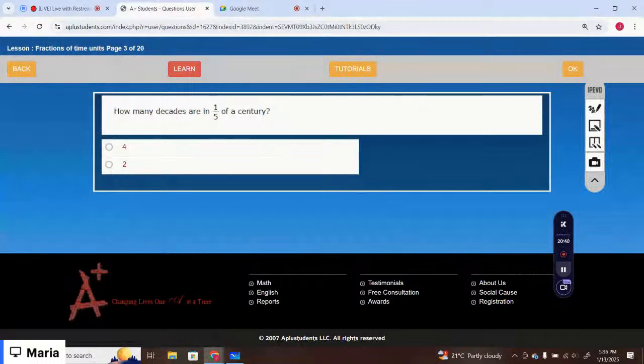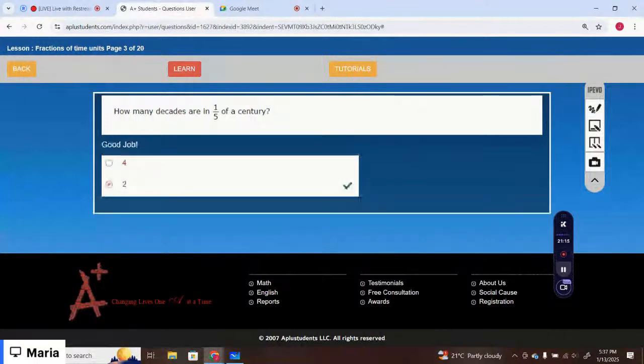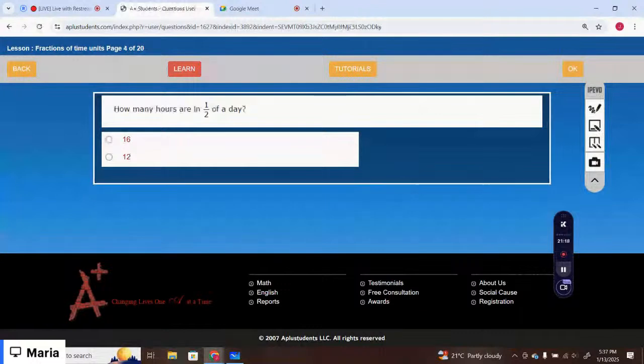How many decades are in 1/5 of a century? That is 2. Option number 2 is the correct option. How many hours are in half of a day?